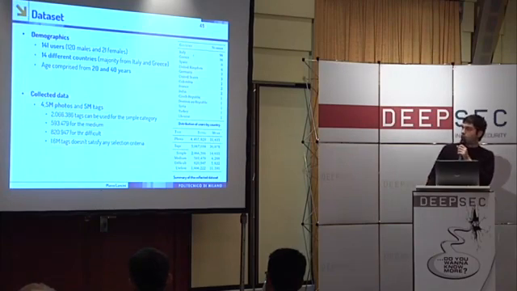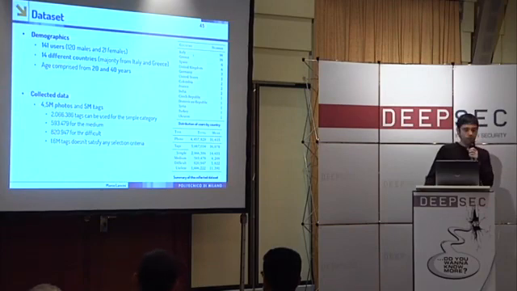Our study involved 141 users coming from 14 different countries, the majority from Italy and Greece, with ages ranging from 20 to 40 years. And from these users, we were able to collect 4.5 million photos and almost 5 million tags, the majority of them belonging to the simple category.